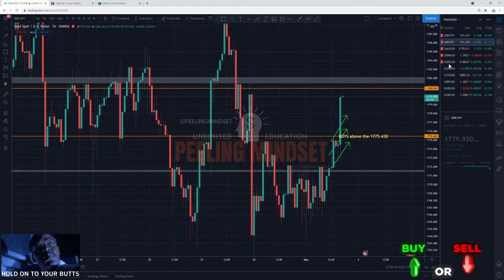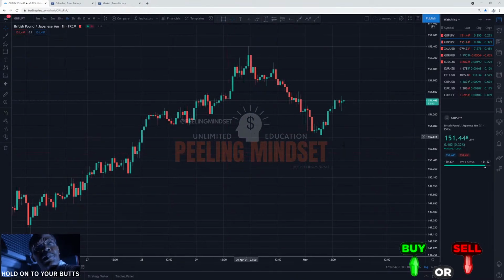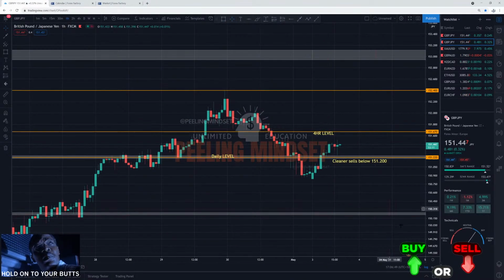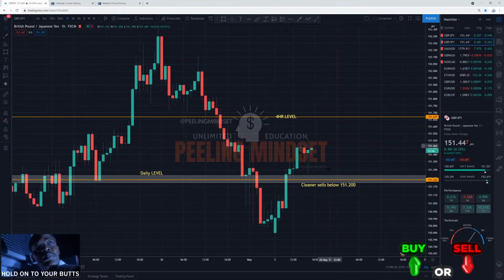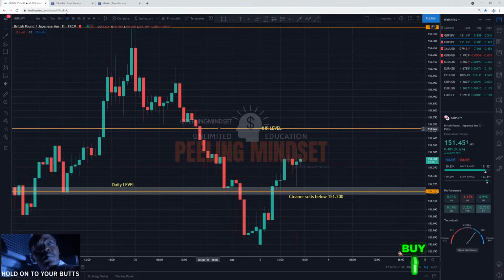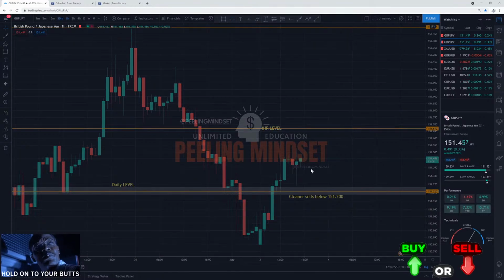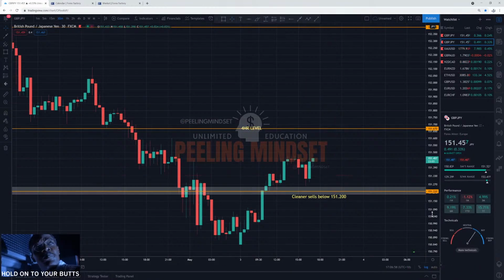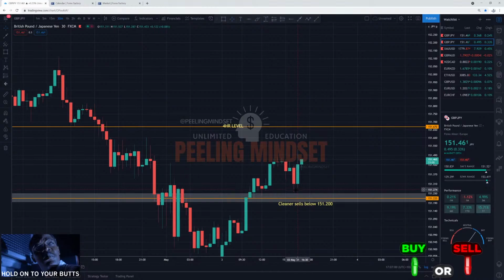Let's look at pound yen and see what it's doing. Price is just okay. The previous 30-minute has made some sort of support with a wick to fuel.